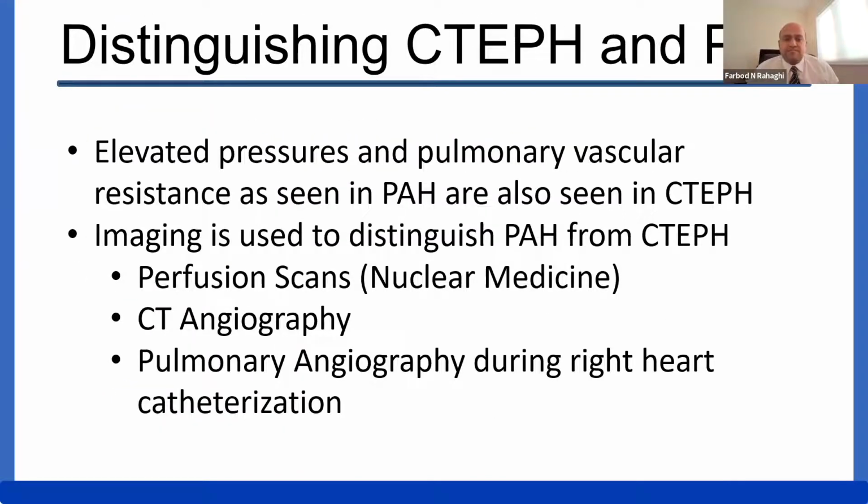So this then begs the question, well, okay, what is it specifically that's different between CTEPH and PAH? As we mentioned, there are similar elevated pressures and pulmonary vascular resistances in PAH, but really, as we mentioned in the last slide, it's the finding of clot, and specifically chronic clot, that distinguishes PAH from CTEPH from a diagnostic standpoint.